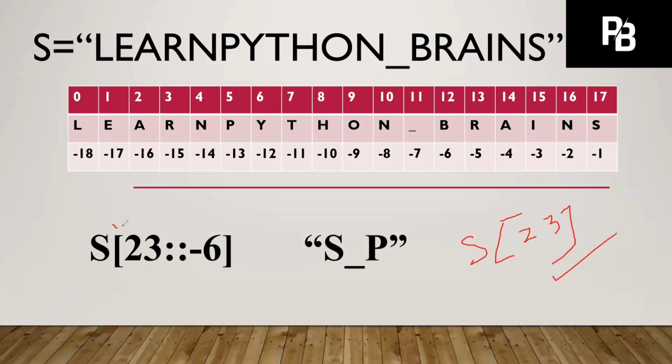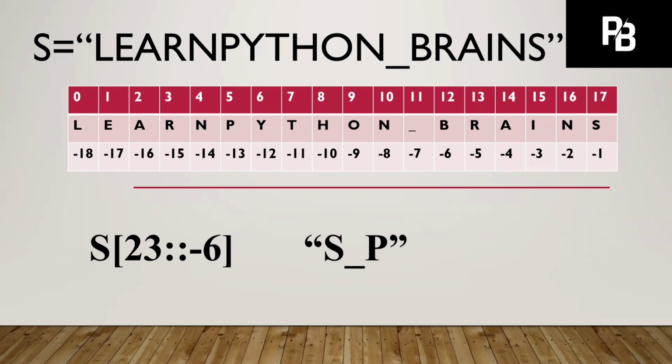But if we use it in the slicing part, it does not show any error and it will produce an output. So 23 means the last point we have 17 to end, but the step is minus 6. That means negative indexing is there.